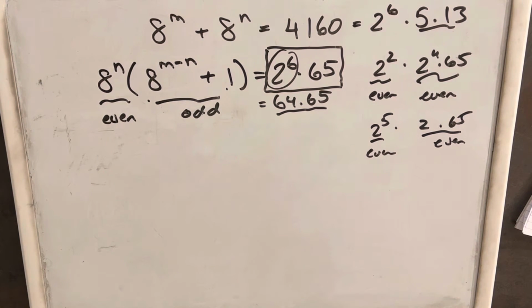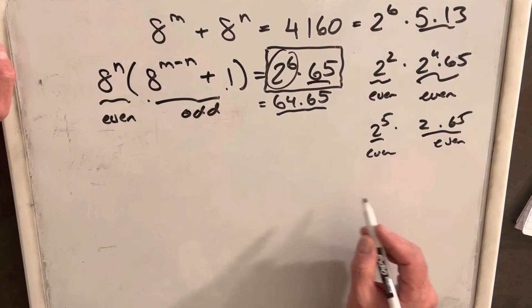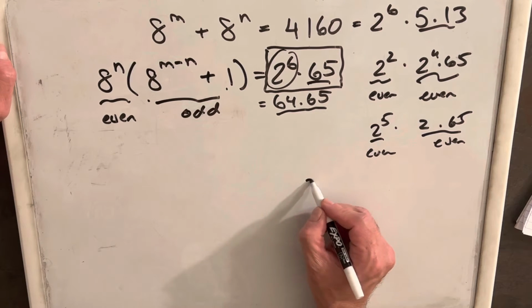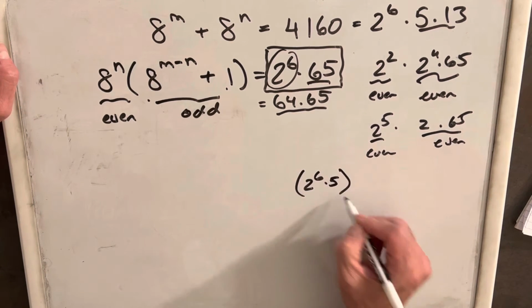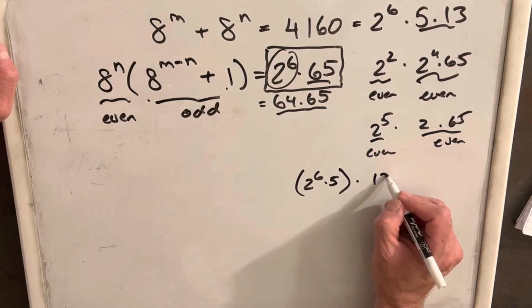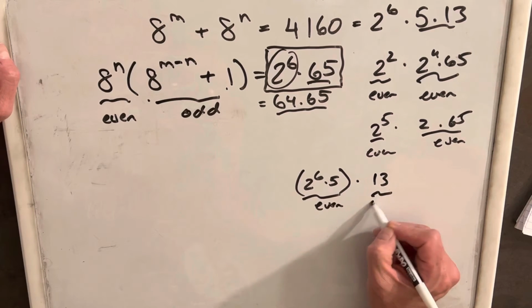Now there is one other combination that we could try, because we could actually split up the 65. So we could do this two ways. We could have this number times 13, okay, because that's an even, and that's an odd.